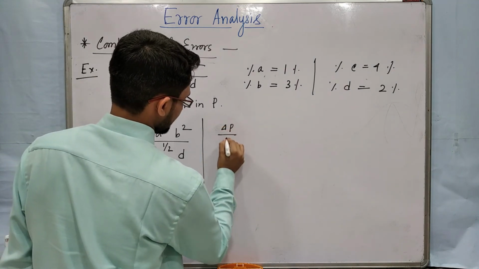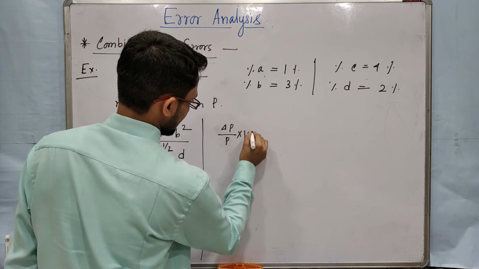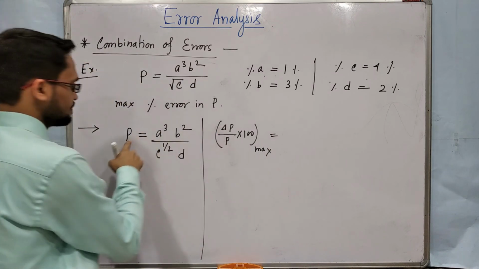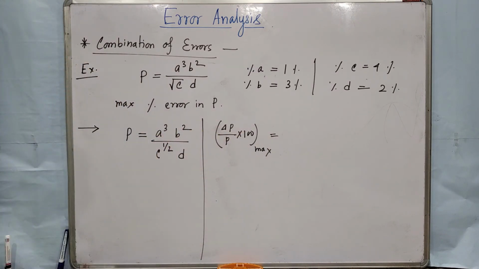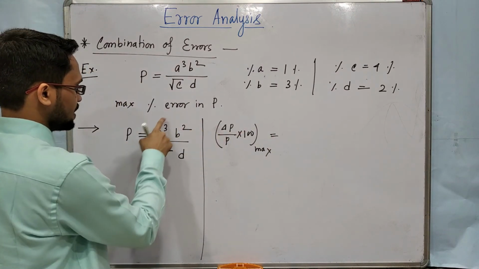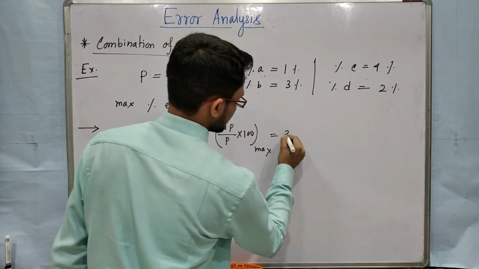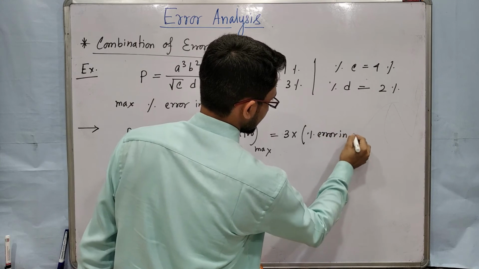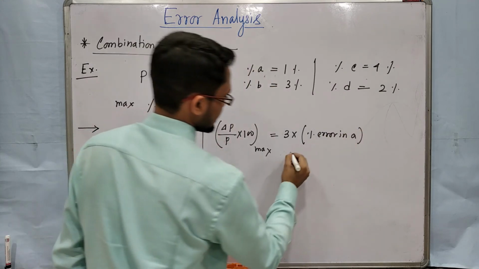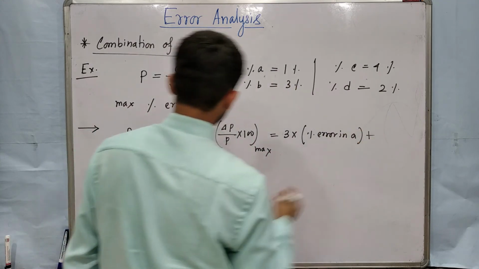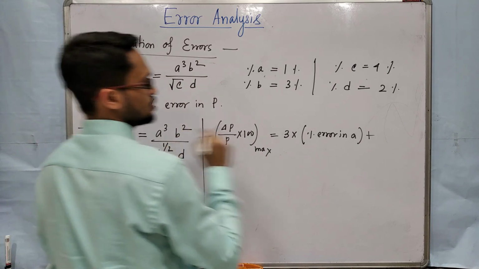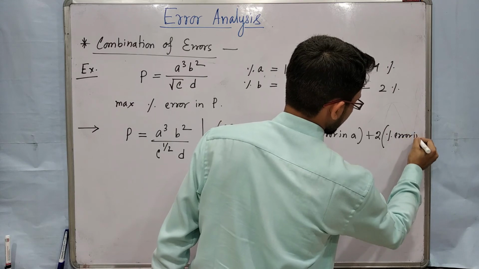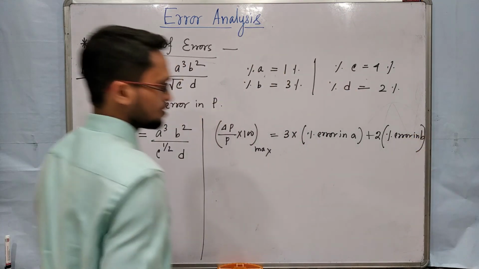So delta p by p into 100, the maximum percentage. It will be 3 into percentage error in A, since the power is 3, so 3 will come out. Then plus 2 into percentage error in B, since the power is 2.